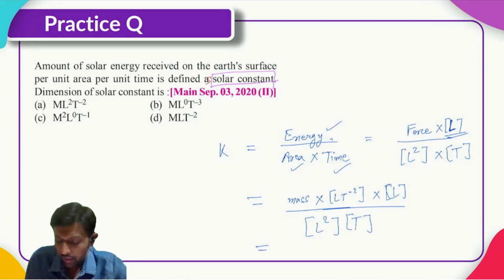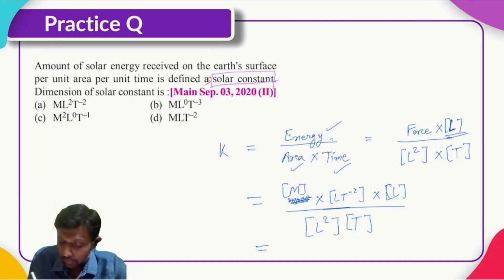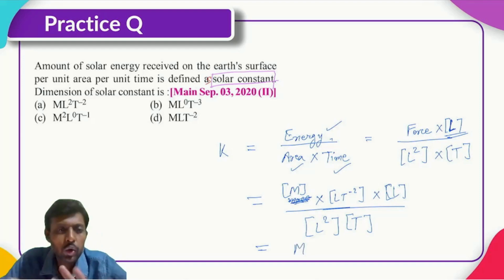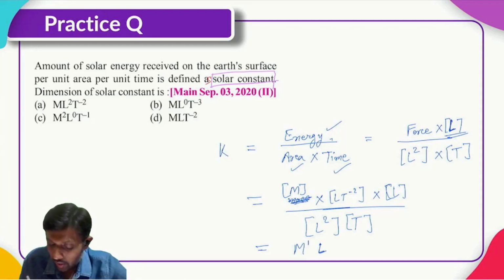When we simplify this, mass we can write as M, and then we can simplify. So what we'll get: there is 1 M in the numerator, no M anywhere else. So mass to the power 1. L to the power 2 here, and in the denominator also there is L to the power 2.